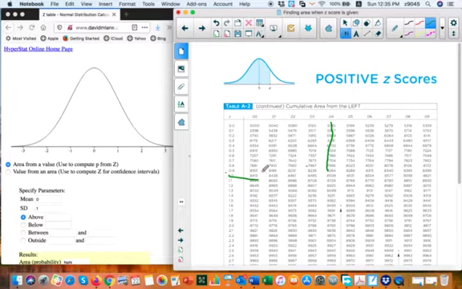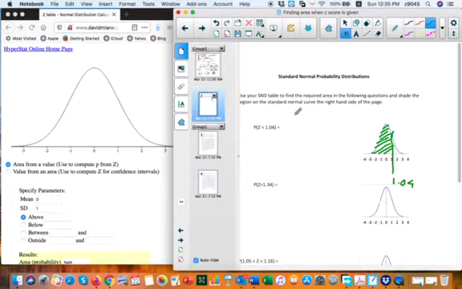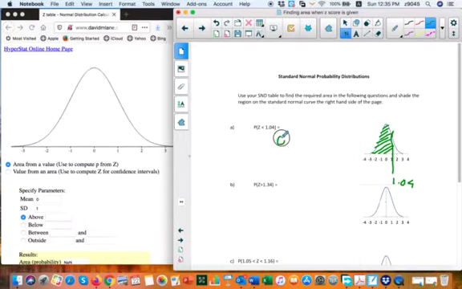So for 1.0 and 4, we get 0.8508. 0.8508 is the probability for this. This is the area under the standard normal distribution curve which is less than 1.04.